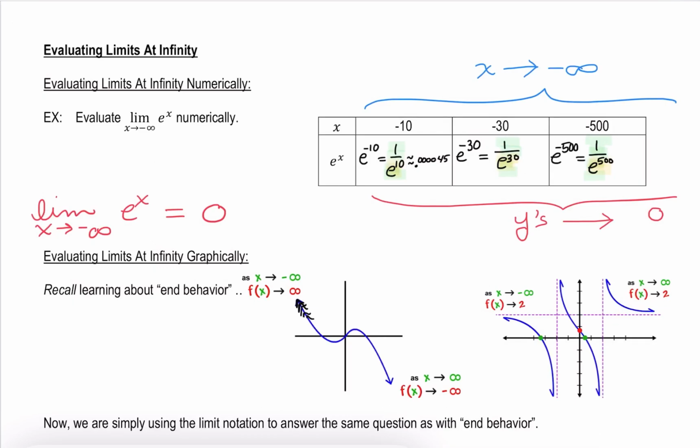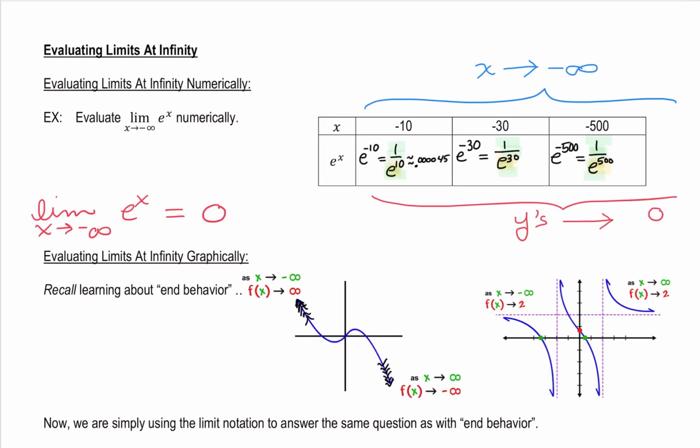So it looks like the y's are going to infinity. And analogously here, as I travel further and further to the right on my function, as my x's are going to infinity, my y's look like they're just decreasing without bounds. So we would say those are going to negative infinity.